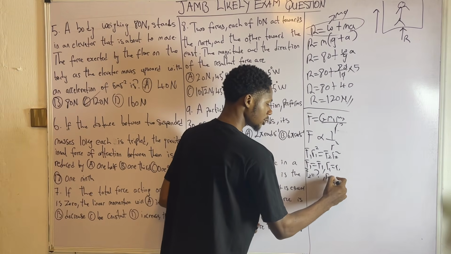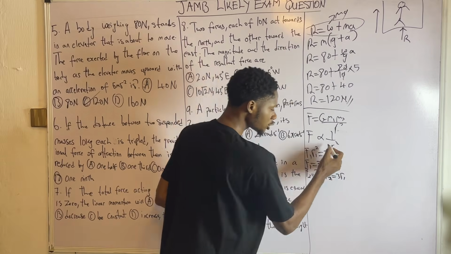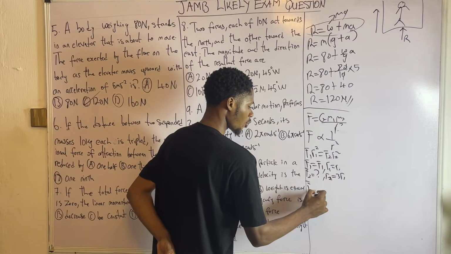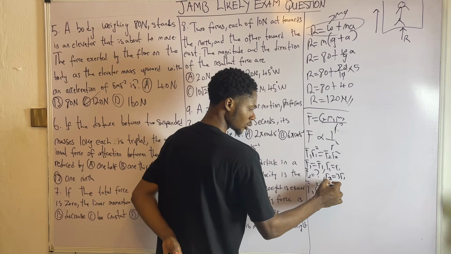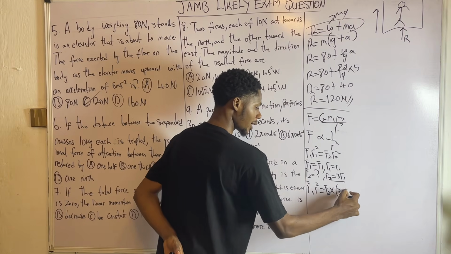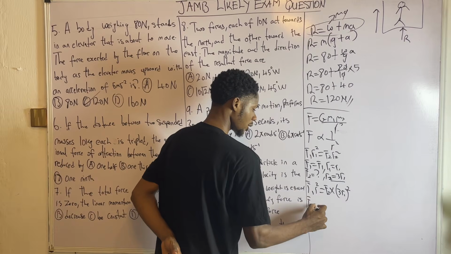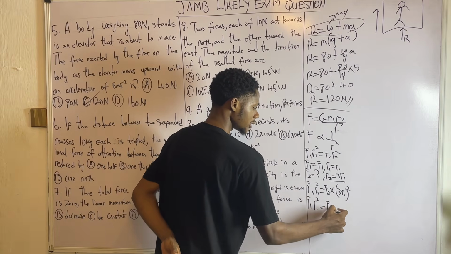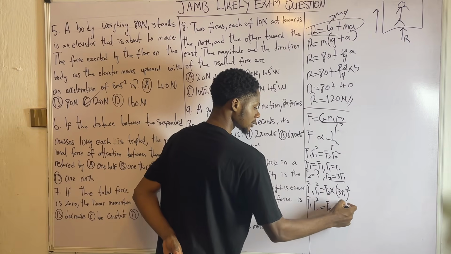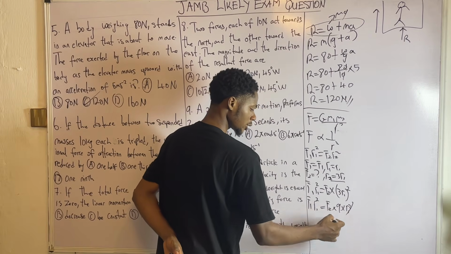Put into the formula, we have F1 R1 squared equals F2, which you are looking for, times R2, which now becomes 3R1, all squared. We have F1 R1 squared equals F2 times 3 squared, which is 9, times R1 squared. R1 squared cancels R1 squared.